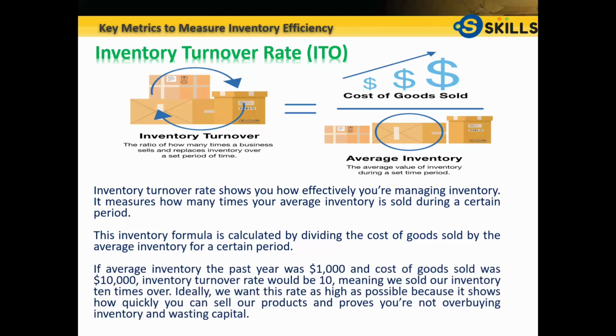If average inventory the past year was 1,000 and cost of goods sold was 10,000, inventory turnover rate would be 10, meaning we sold our inventory 10 times over. Ideally, we want this rate as high as possible because it shows how quickly you can sell our products and proves you are not overbuying inventory and wasting capital.